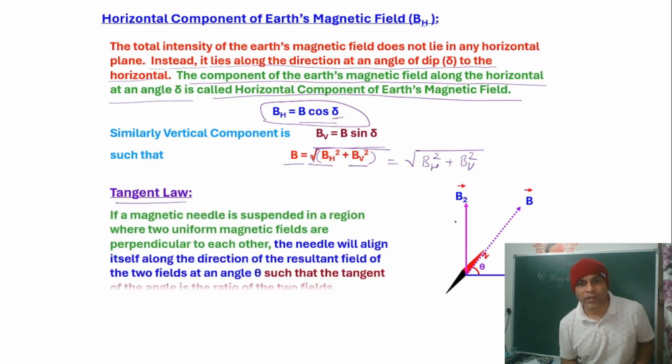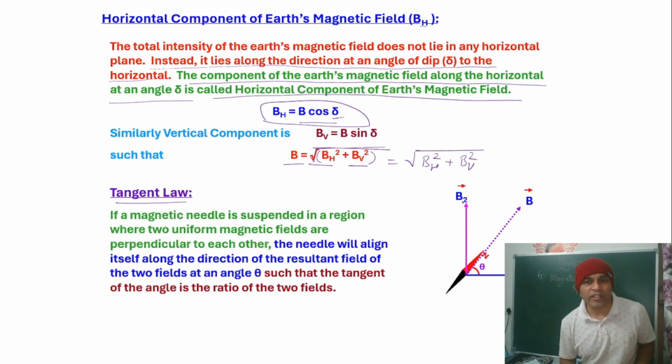If a magnetic needle is suspended in a region where two uniform magnetic fields are perpendicular to each other, the needle will align itself along the direction of the resultant field of the two fields at an angle theta, such that the tangent of that angle is the ratio of the two fields.